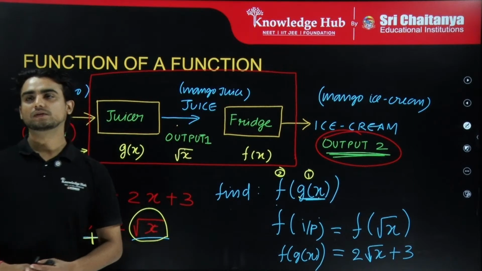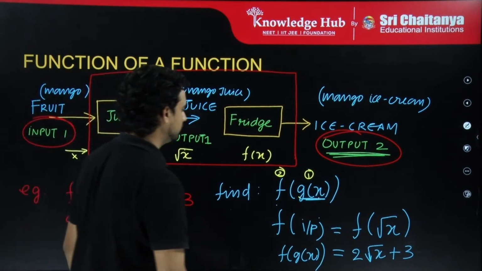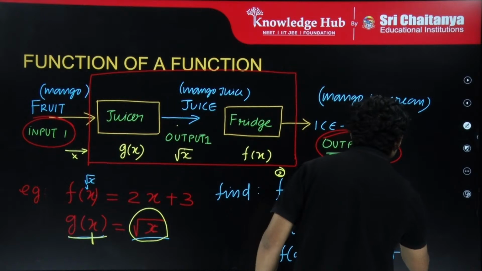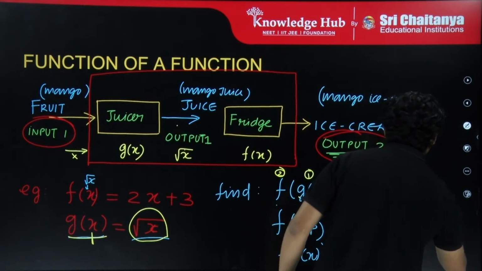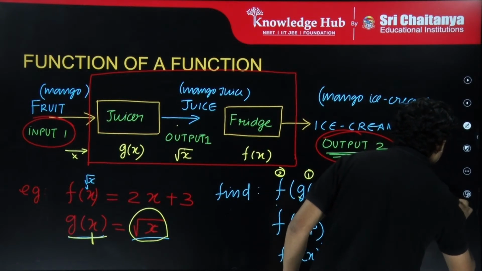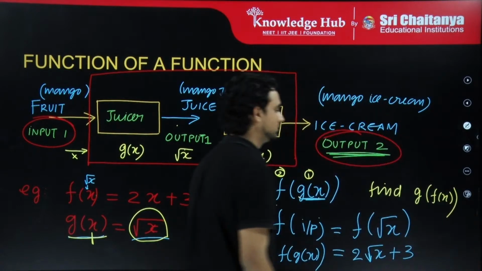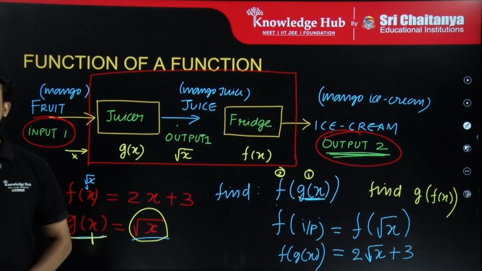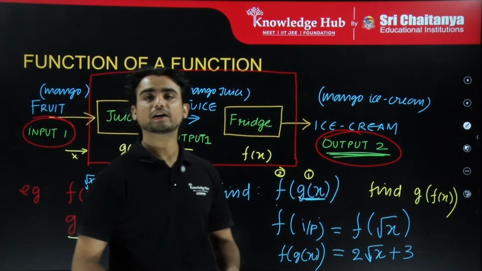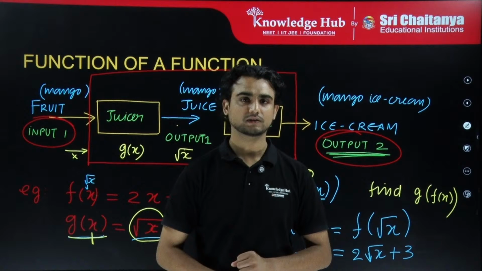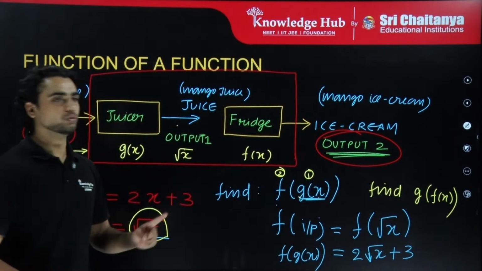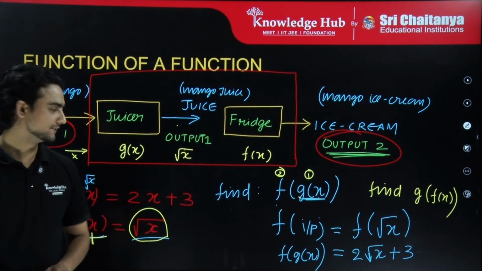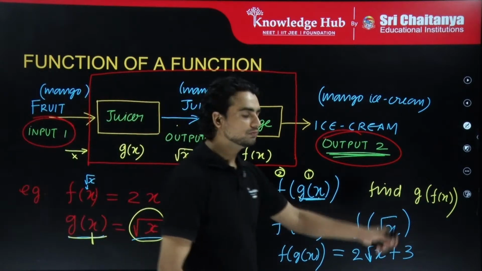So now if I give you one more question, find g of f of x. So what will be g of f of x? Just pause the video and try to solve it by yourself. Okay, so g of f of x. Now what is the input?